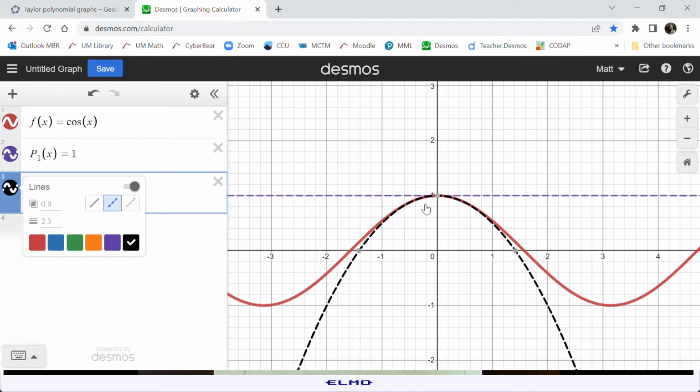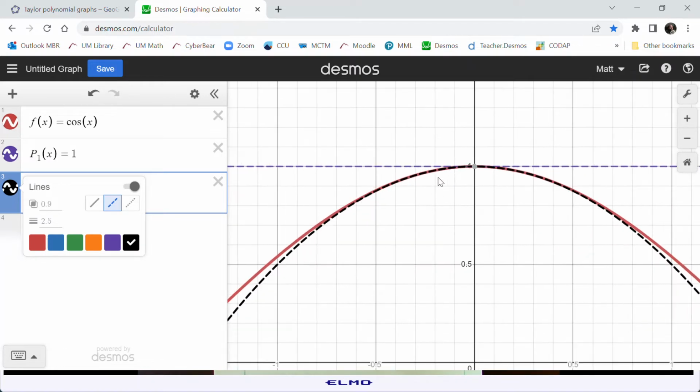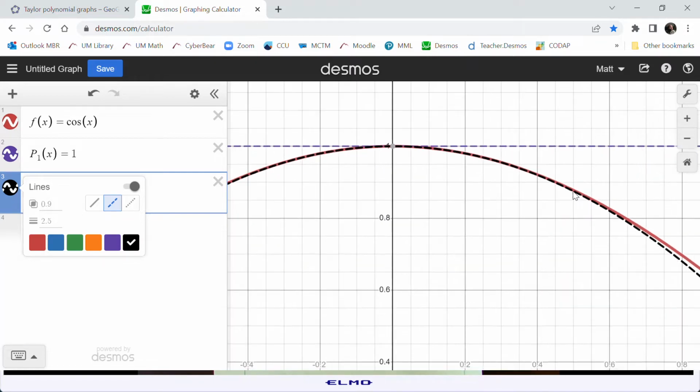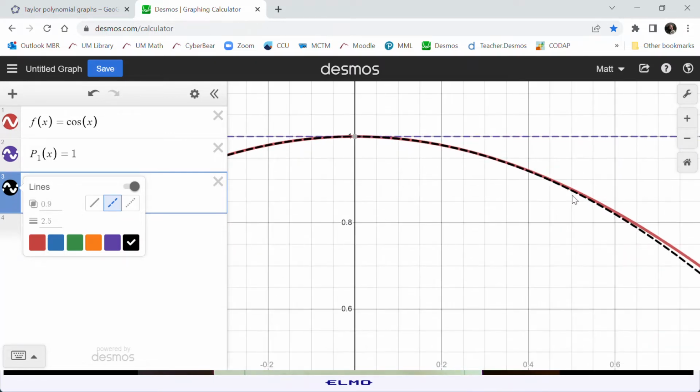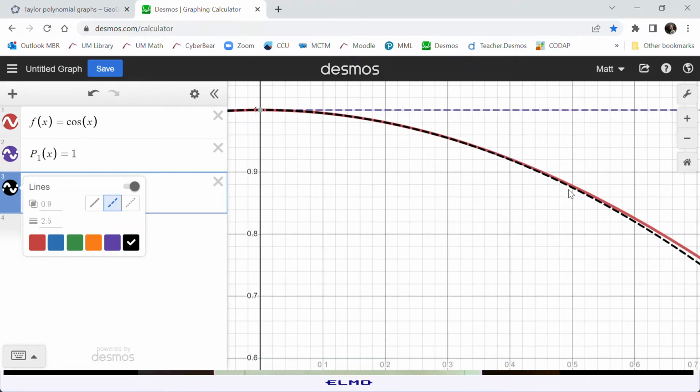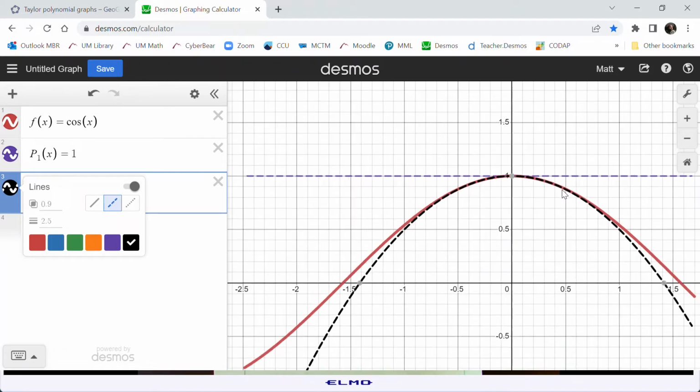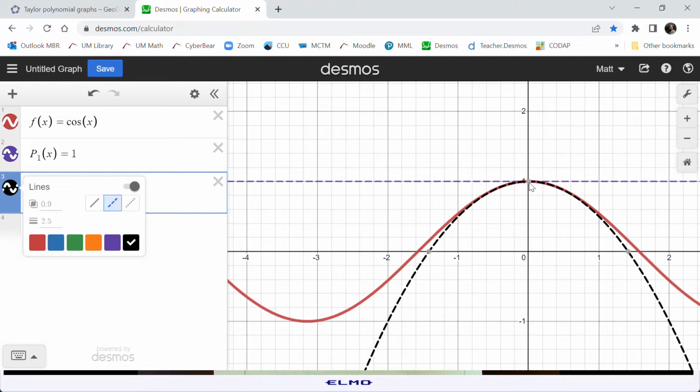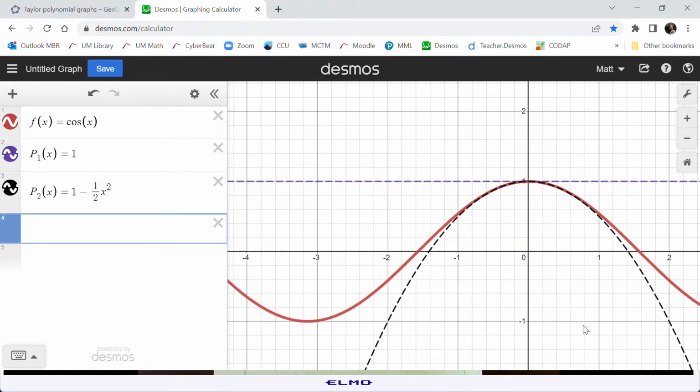Yeah, it seems like it's fitting much better than the line does, especially up here close. Whereas the line starts to deviate by x equal to negative half or positive half, we're quite a ways away, but boy, the parabola looks pretty good in that region. It is a little bit low, but it's definitely a better approximation of the function's behavior around 0 than the line was. So I feel confident that that's a good Taylor approximation.